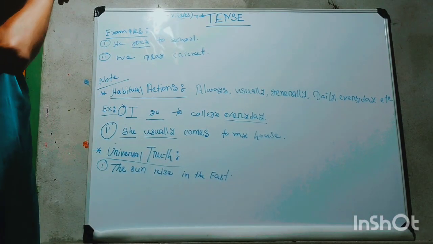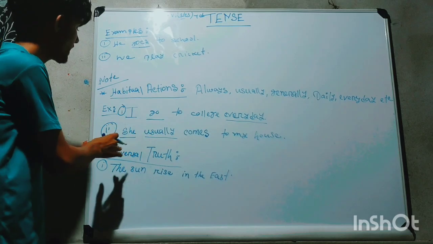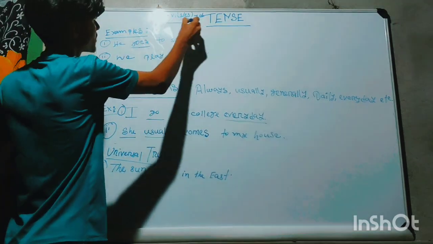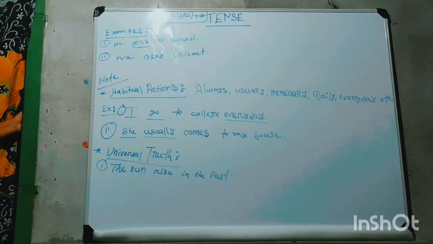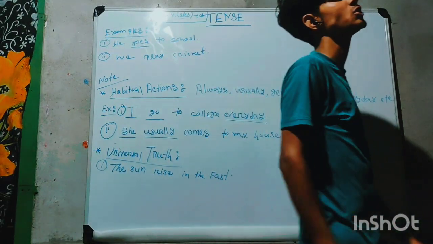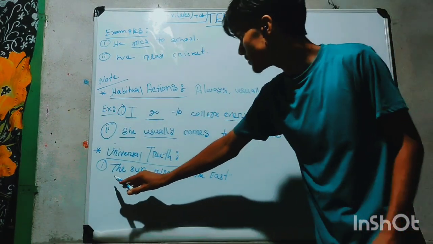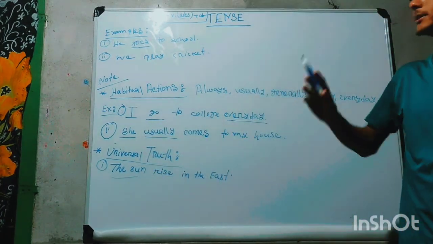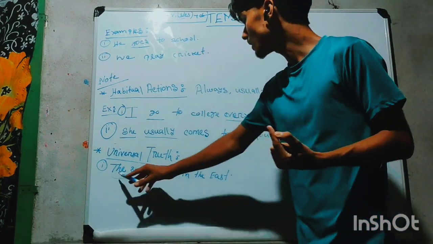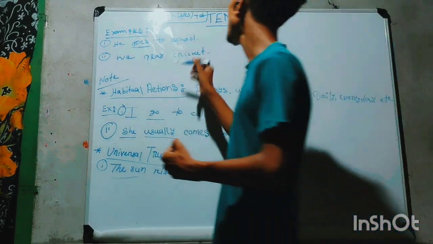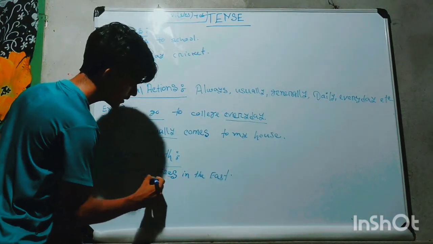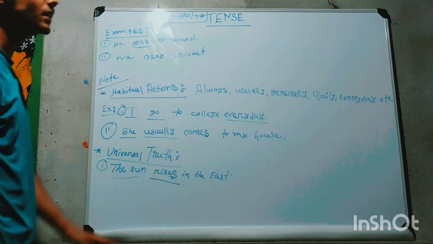This is a universal truth, so this directly falls under present indefinite tense. We have to remember our tense formation: subject, verb 1, s/es, object. Look at the subject, the sun. The sun is third person singular number because the sun refers to one object. So for the sun, third person singular number, we use s/es. E is already there, so we use s. The sun rises in the east.